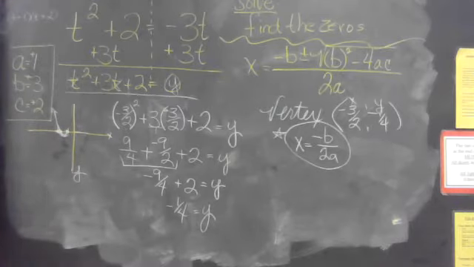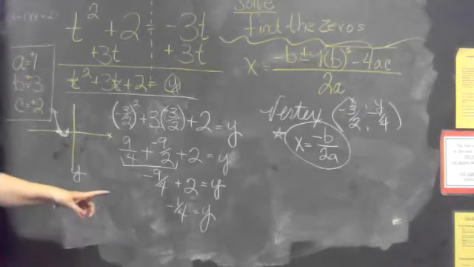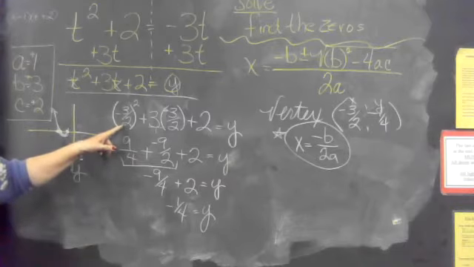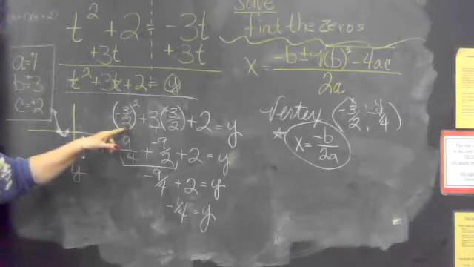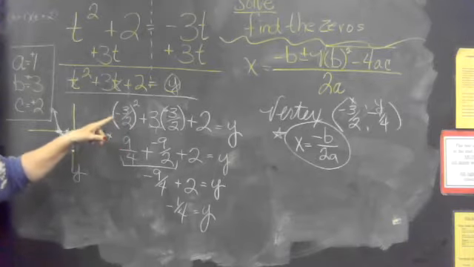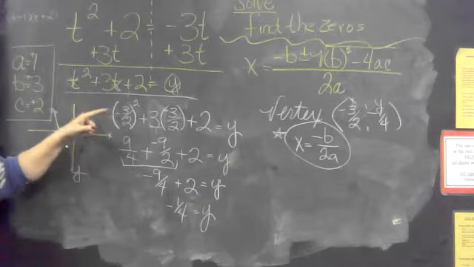I got a negative 1/4 on the 3/2. You should have gotten a positive 9/4. Because, did you put parentheses in your calculator? Did you put the negative inside the parentheses? And you got a negative 9/4? You show me.